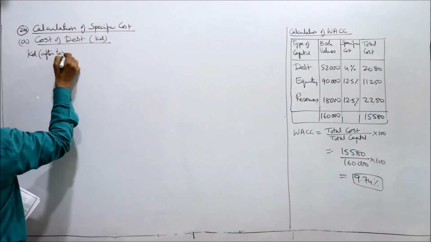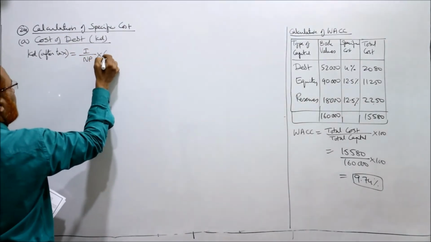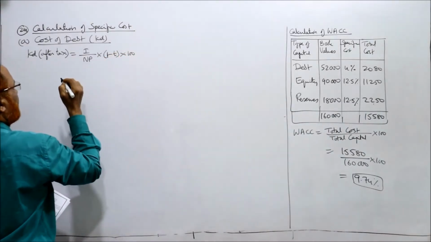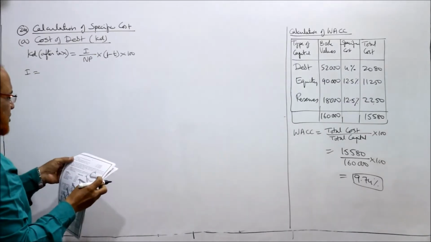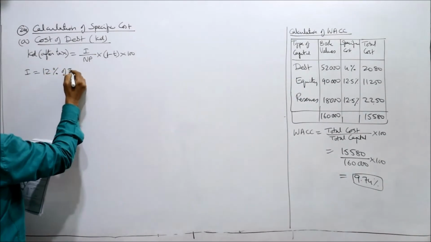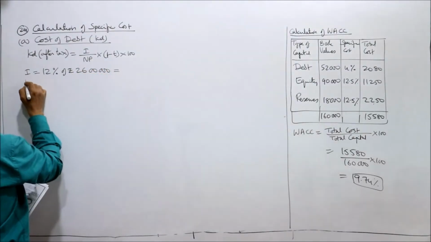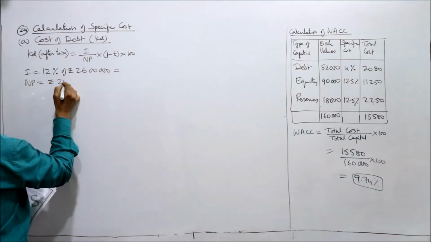KD after tax is equal to I divided by NP into 1 minus T into 100. This is the formula for KD after tax. I is equal to interest. What is the rate of interest on debentures? 12% of rupees 26 lakhs. NP is equal to net proceeds on issue, that is rupees 26 lakh.